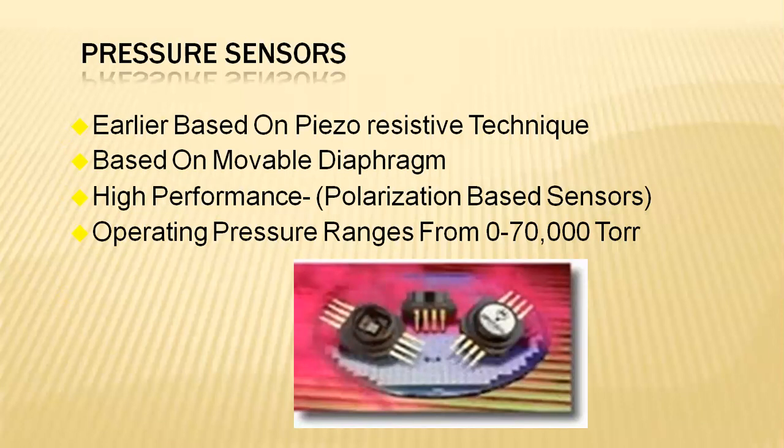Most probably, these are based on a movable diaphragm, and it has high performance because of its polarization, and when operational from 0 to 70,000 tons of pressure, it can examine that particular range.